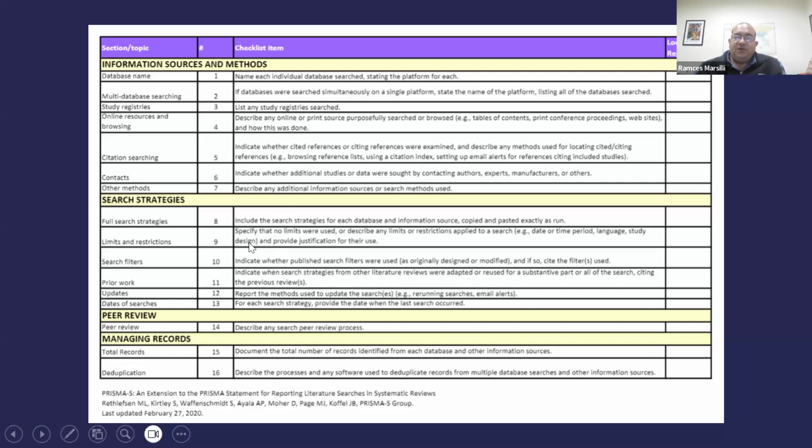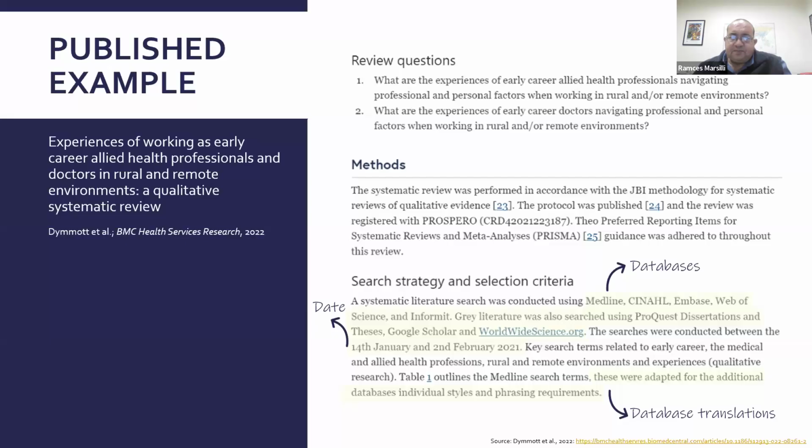Also, your search strategies. All of those things need to be documented. Now, we're going back to our published example, just to show you the way that this is done in the methods or the methodology portion of the paper.